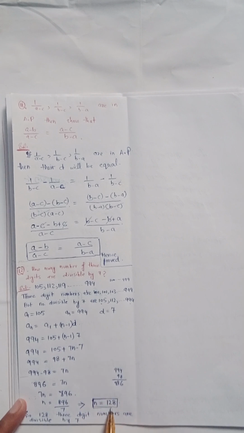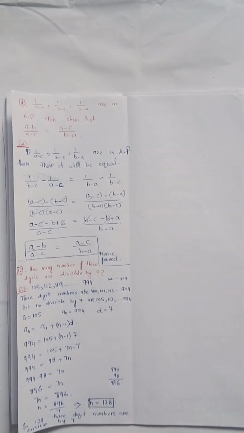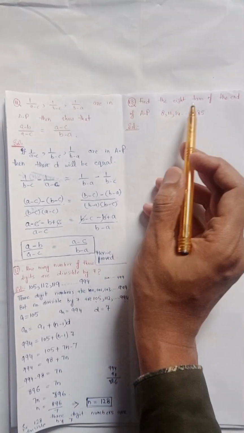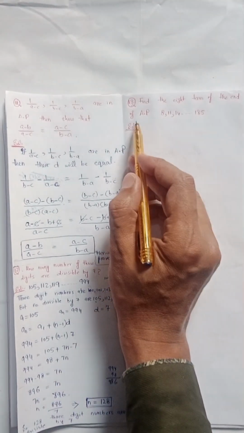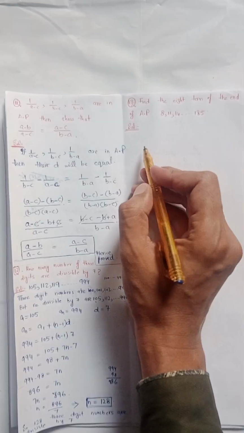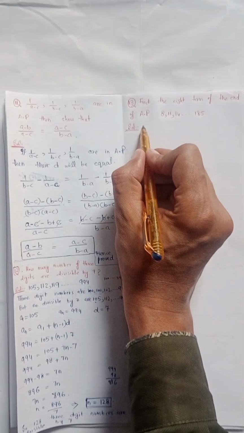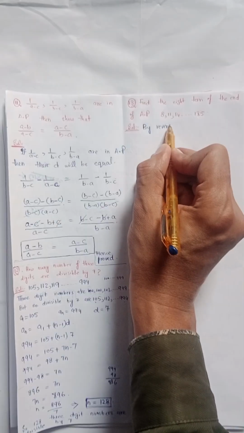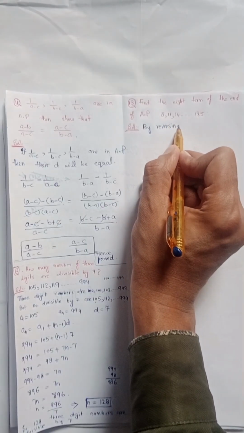By reversing, A1 becomes 185 and D equals 182 minus 185, that means minus 3.